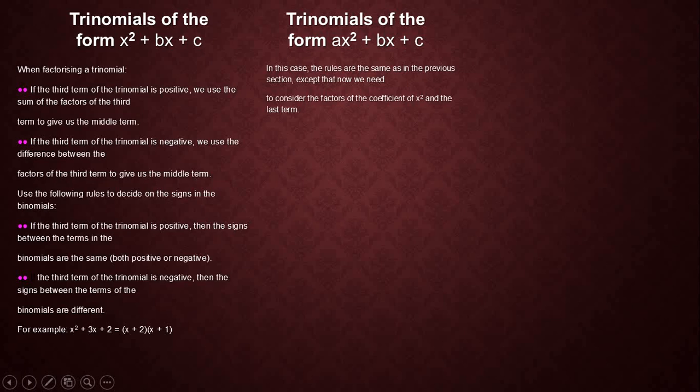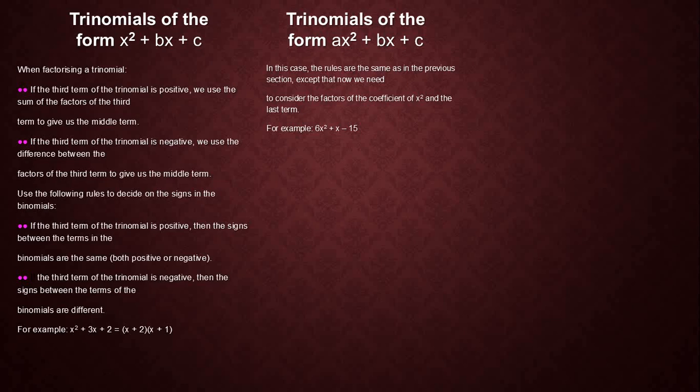In this case, the rules are the same as in the previous section, except that now we need to consider the factors of the coefficient of x² and the last term. For example, if you have 6x² + x − 15, this is a bit different because the previous one was as simple as grade 8.